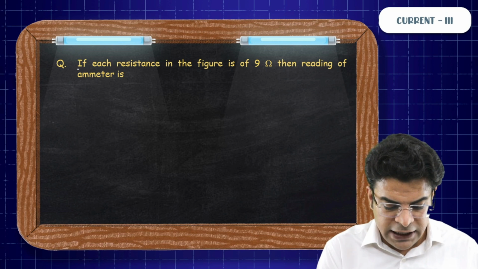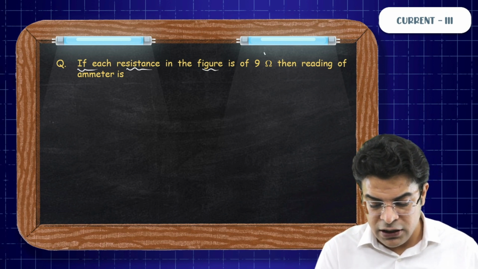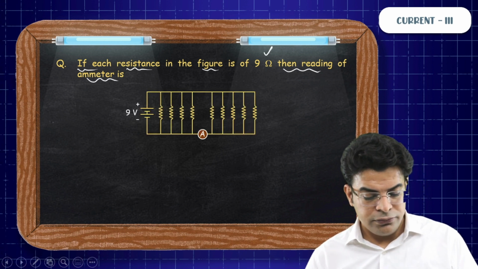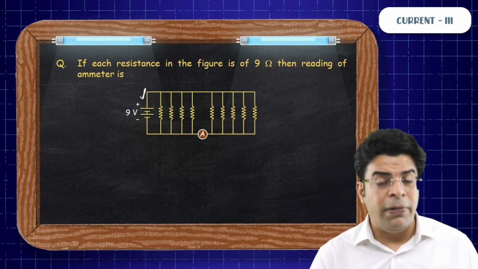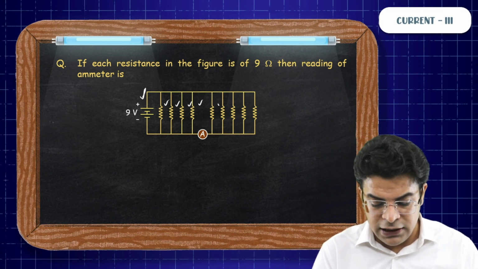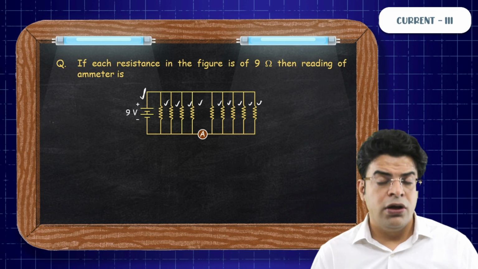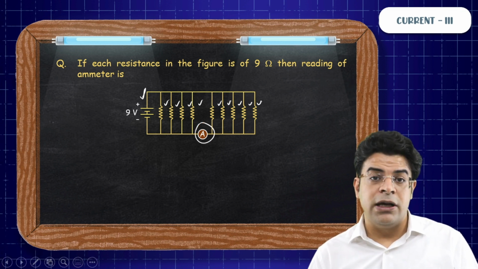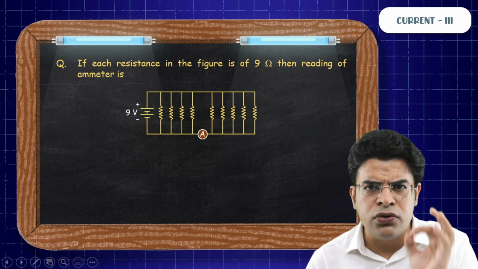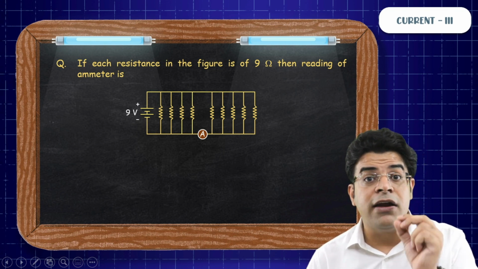The question goes like, if each resistance in the figure is of 9 ohm, find the reading of the ammeter. So here we have got a battery of 9 volt and we can see all the resistances are connected in parallel to this battery. Question is, what will be the reading of this ammeter? So how to solve this question? Whenever you are stuck in any question of current electricity, analyze the potential.